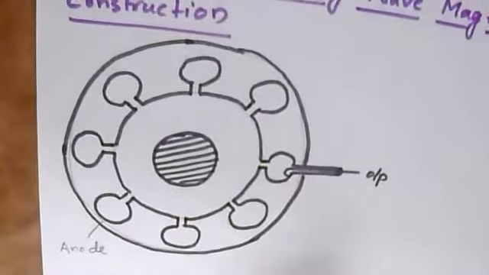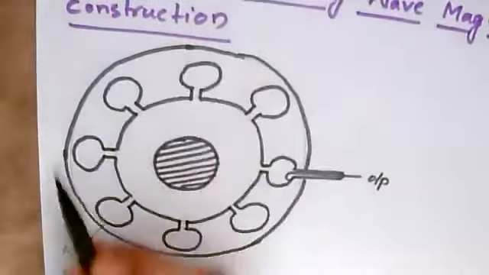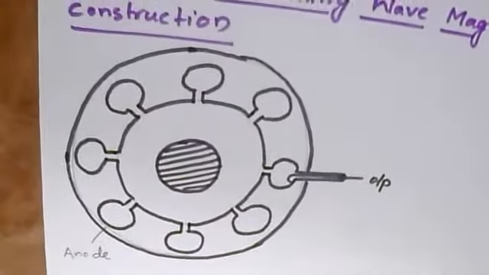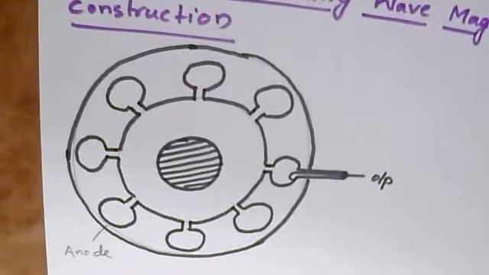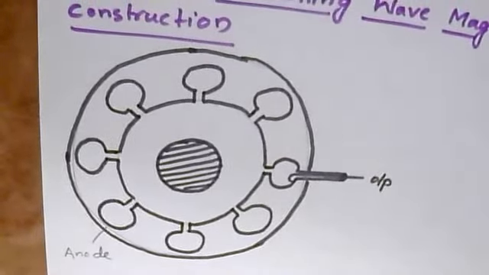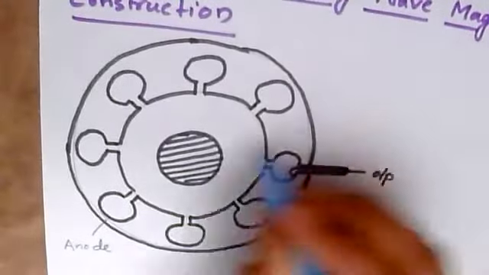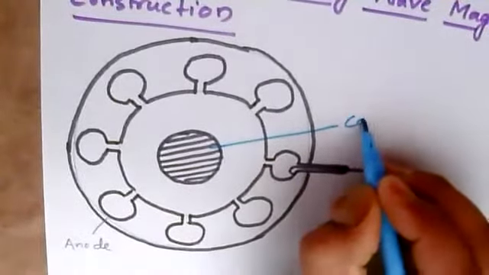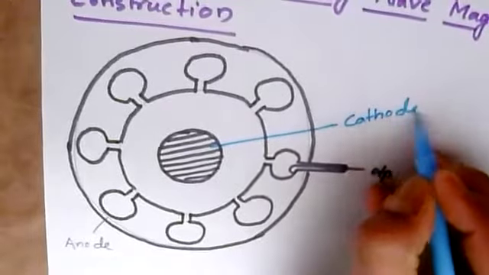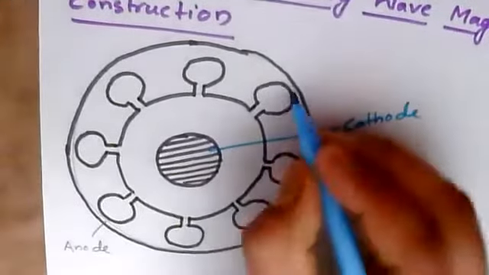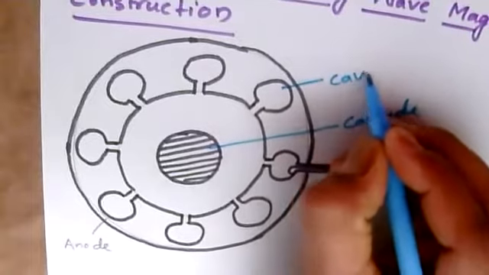See, this is the structure of the magnetron, where I'll be writing the names of the parts. So this is the cathode. Straight away, this is the cathode we have. These are nothing but cavities, the anode cavities we can say.